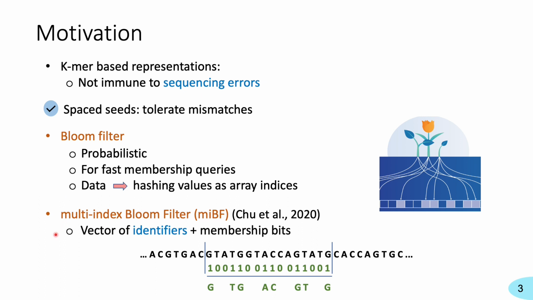An extension of the Bloom filter is the multi-index Bloom filter, or MIBF, that consists of a vector of identifiers together with the membership bits, and it stores spaced sequences, an example of which has been shown here. The multi-index Bloom filter can be used in applications such as taxonomy assignment.